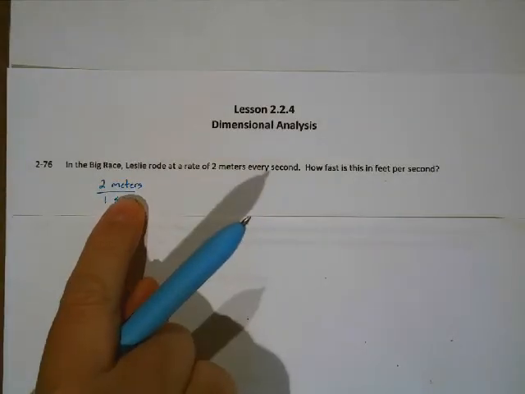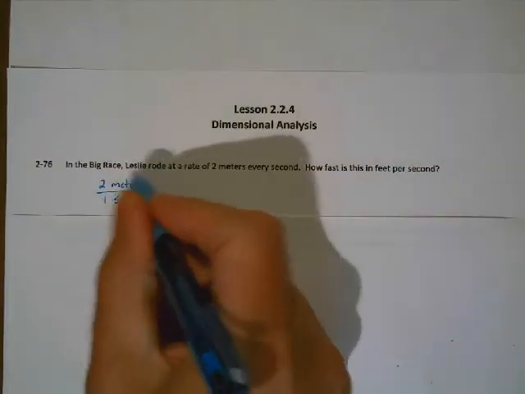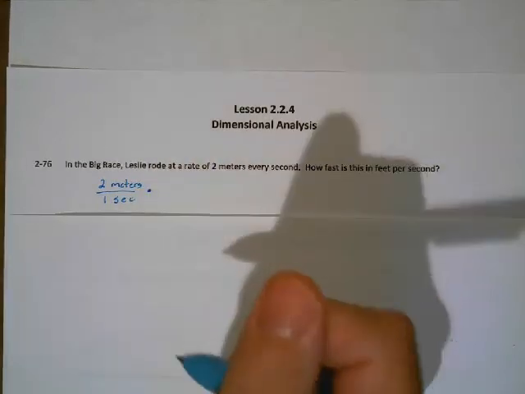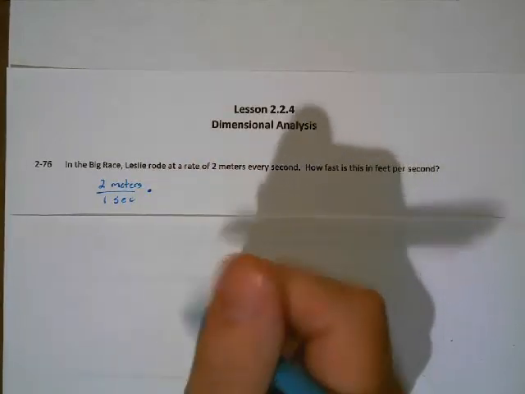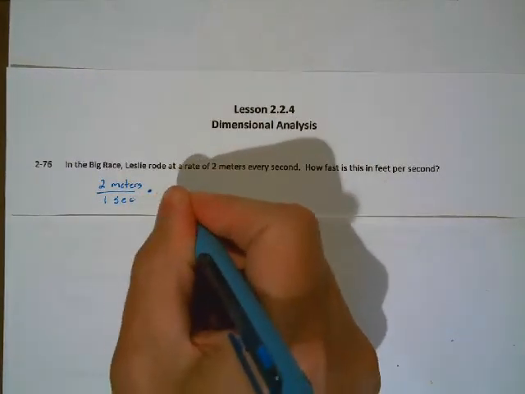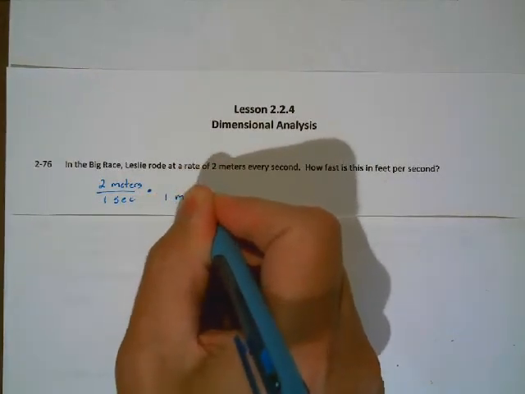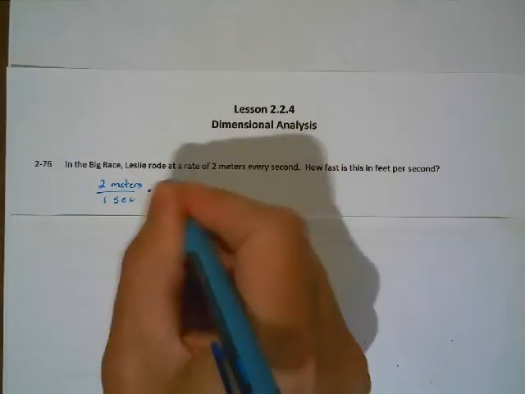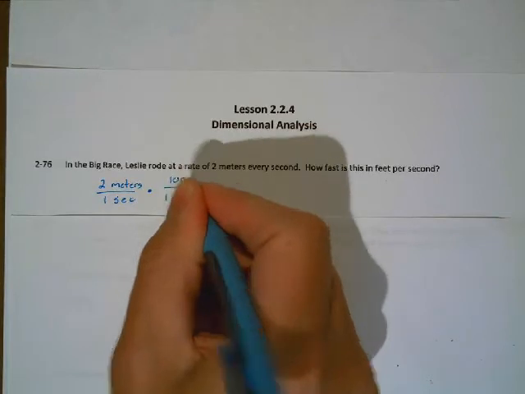this meters into centimeters. In order to switch a unit from the numerator, what we need to do is multiply by the number 1. We know that there is 1 meter for every 100 centimeters.